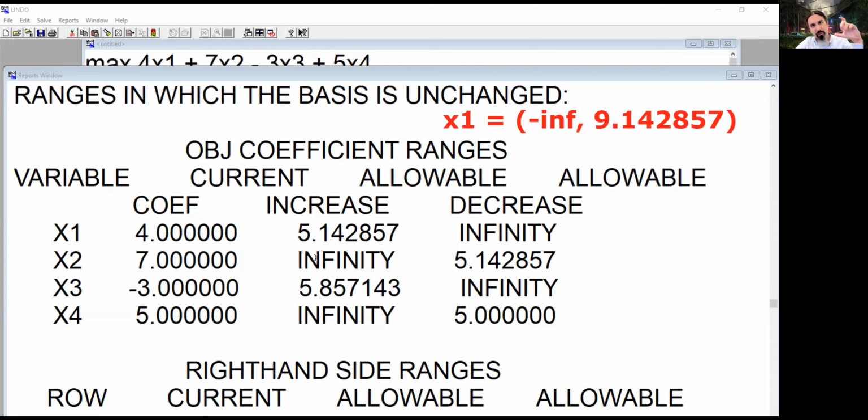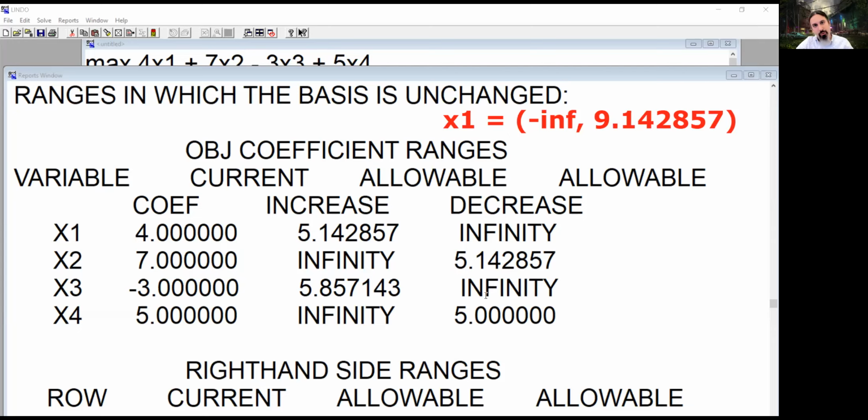As long as I'm between these two values, I'm optimal. But this is just for one variable, just one of them changing solo. The others are not changed, just that one. For example, here, as long as I'm less than 2.857 and more than minus infinity, which is always.